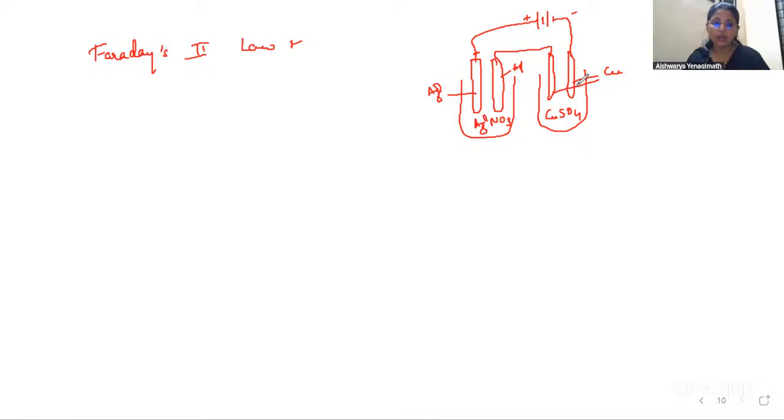The properties of both metals are different. The tendency towards reactivity is different. The reacting speed is different. The nature is different. Everything is different. Then how can you expect the same amount of element getting deposited on the cathode? We cannot expect the same quantity for both. On this basis, Faraday's second law comes into context.